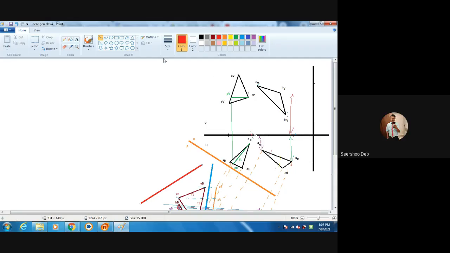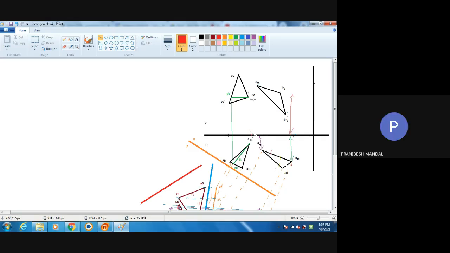Okay, let me finish now. In order to get this XY line in the true length, you need one auxiliary plane, yes or no? Yes, sir. Then in the second auxiliary plane, you are going to get the HV, isn't it? Exactly, sir.